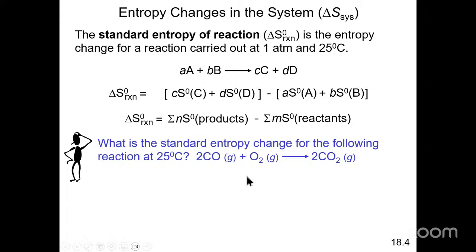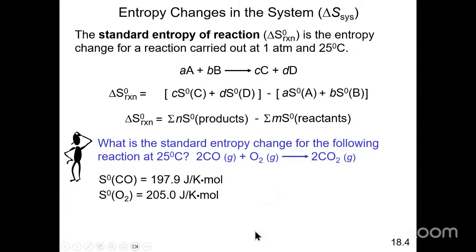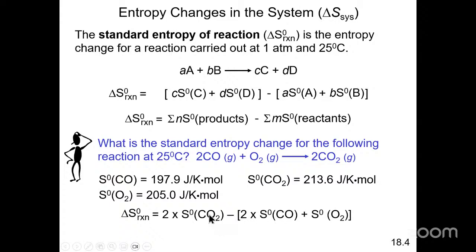So what you'd have to do is consult the tables, right? When you consult the tables, in terms of looking up the entropy values for these different substances, this is what you get, right? The values for carbon monoxide, carbon dioxide, and oxygen are given right here. And now you set up your equation. Remember, it's the sum of the entropy of the products.